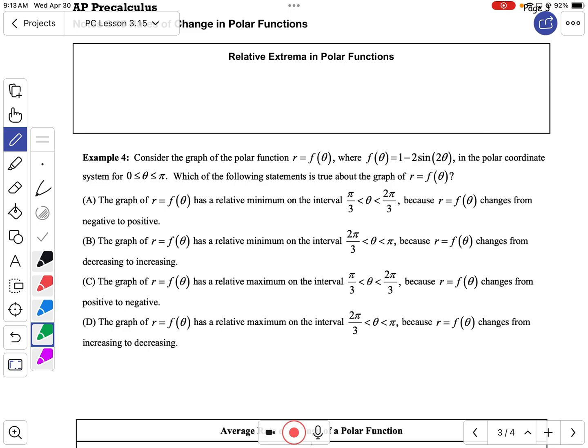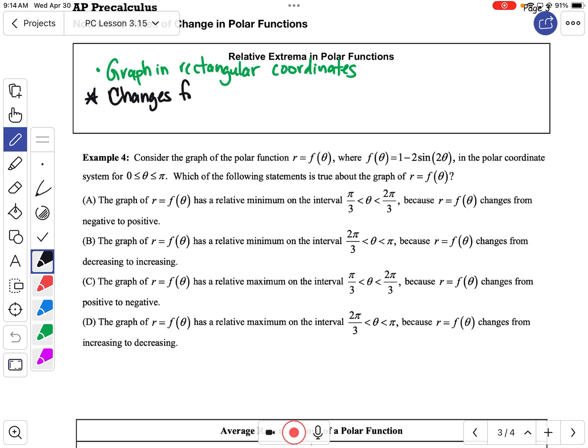Where do we find maxes and mins in polar functions? Well, here's the thing. We're still going to graph it in rectangular coordinates. It's the easiest way to look at it. All right. But then here's where we know: it's where our function changes from increasing to decreasing. That's going to give me a max.